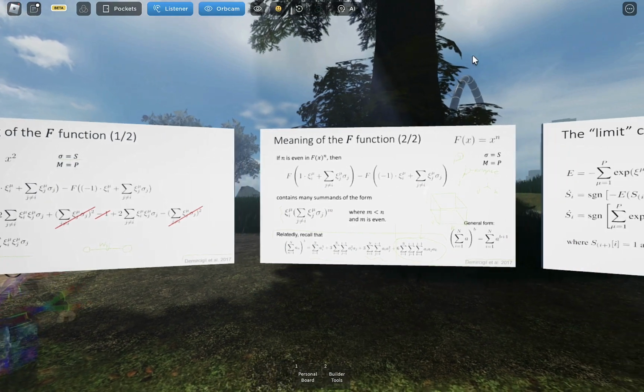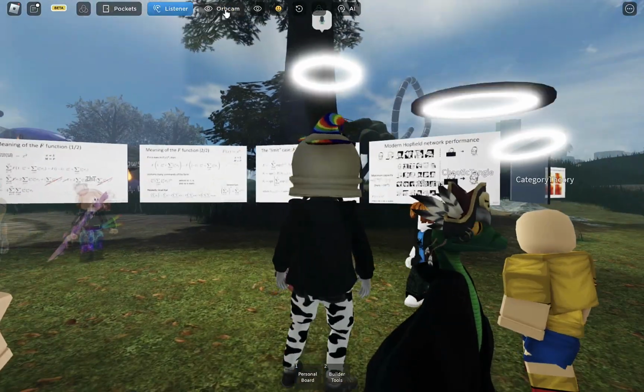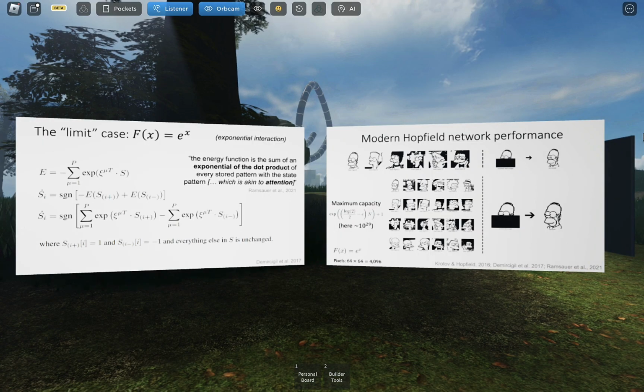So let me just walk over here. So it's totally okay if you're a little bit lost before this, you can hopefully pick up from here.